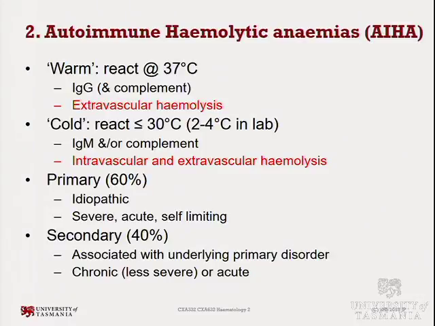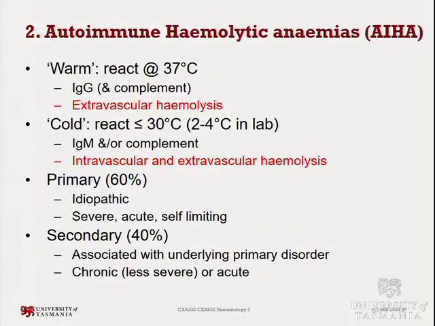because as the blood gets to their peripheries, it cools down to less than 30 degrees, and so the antibodies, which are IgM class, are able to attach to the red cells, and they can agglutinate the red cells. Remember, IgM are what we call complete antibodies, and they can agglutinate the red cells and cause intravascular hemolysis.